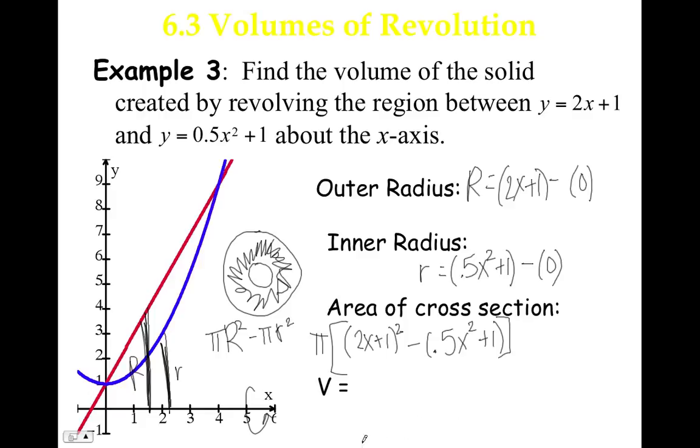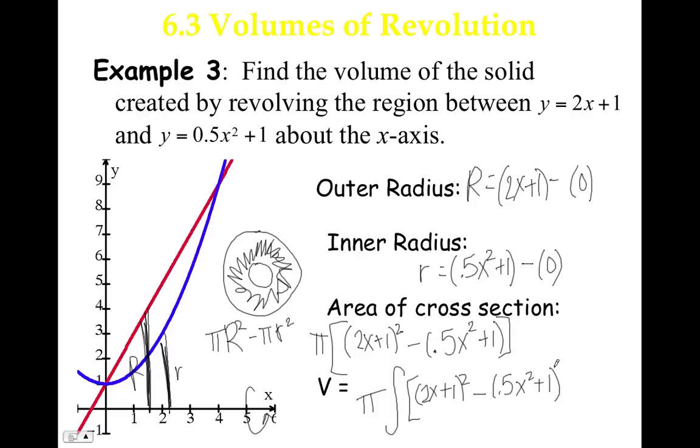Okay, and so my volume is going to be pi times the integral of the big radius squared minus the little radius squared.